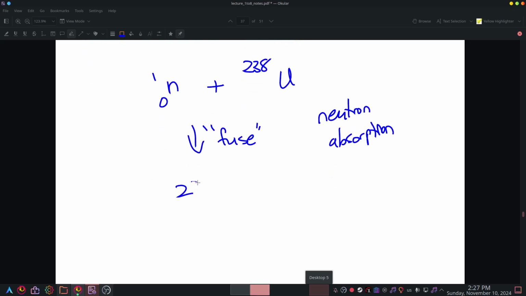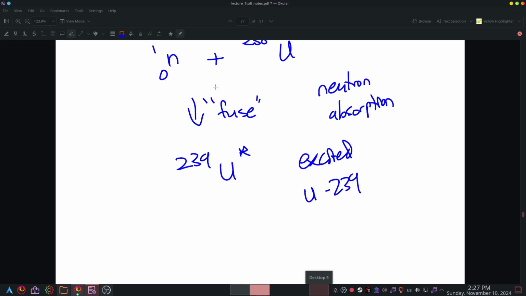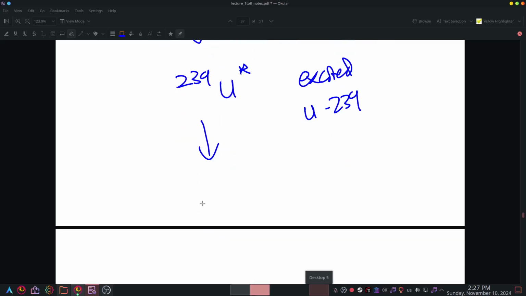So what happens is that you have a uranium-239, and this uranium-239 tends to be excited. When this excited uranium-239 gets excited, what happens? It will release the gamma photon.